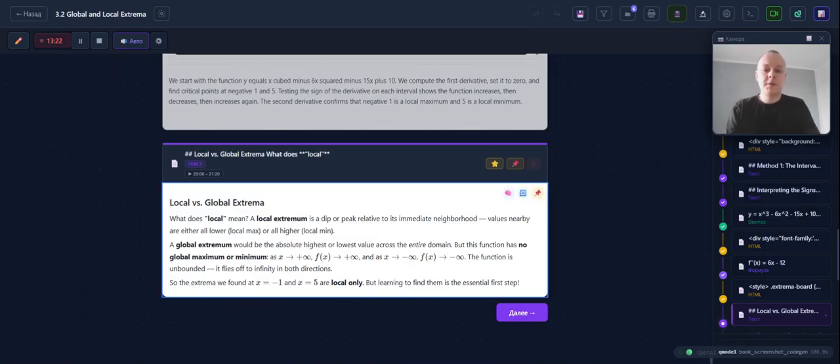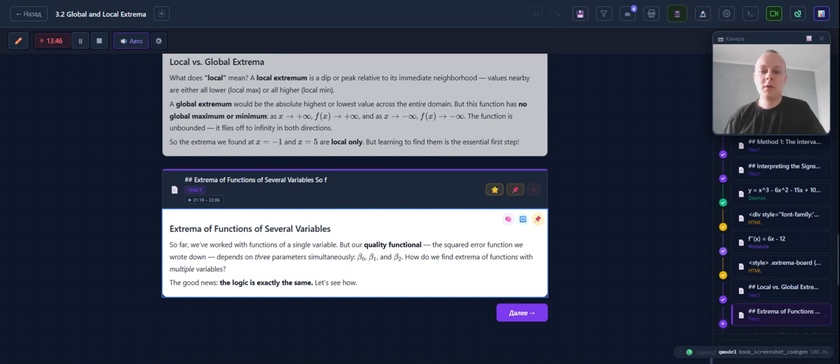But not all functions have a global maximum. For example, the x squared parabola function is constantly increasing, so we cannot find a maximum point of such a function. So we found local values only. So it was the first step, and we can continue.